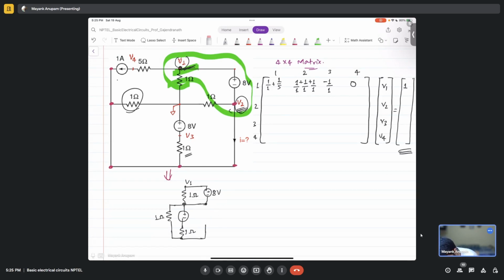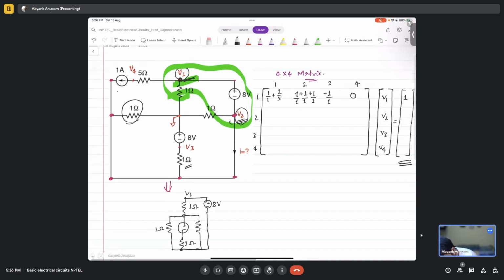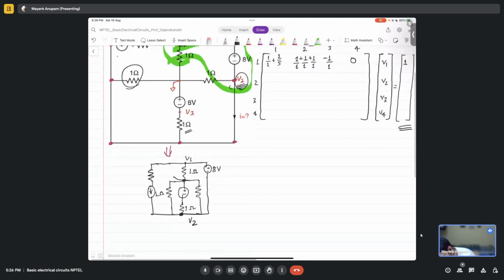So this is V2. This is your ground, and what is V3?